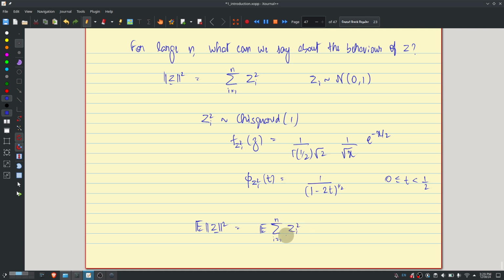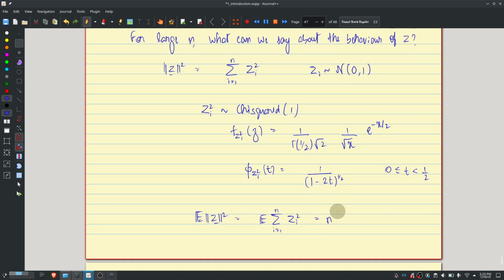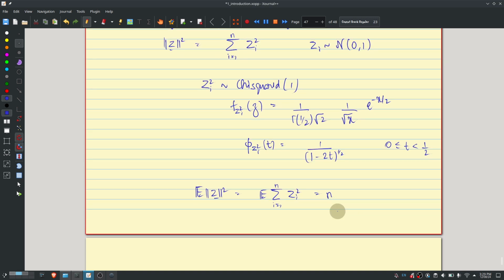Right, so that's equal to n, because the expected value of zi square corresponds to the second moment of zi, and it's Gaussian with 0 mean and variance 1, so the expectation of zi square is equal to 1. Sum of expectation zi square is equal to n. Right?